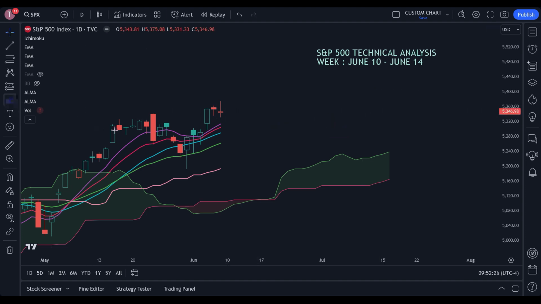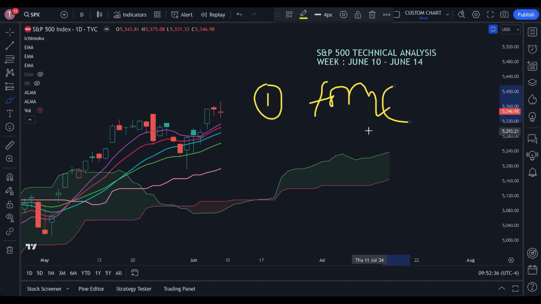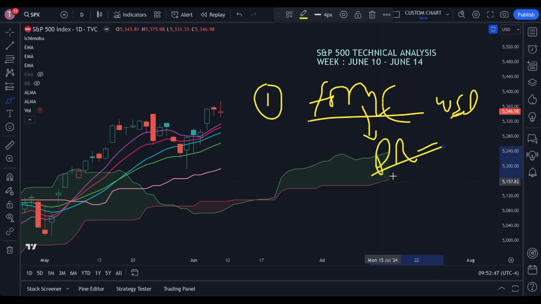So I've covered some of the probable movement there on the weekly chart and the daily chart. Now here, for the probable movement, a few things that you must understand. Number one, and I think that this will be the only thing: the FOMC meeting will be held, and the FOMC decision will be published on Wednesday. Then there will be the press conference, and this time the projections, the SEPs, will be published.